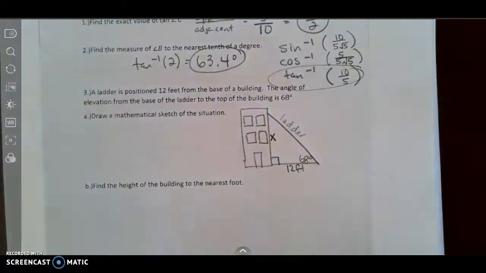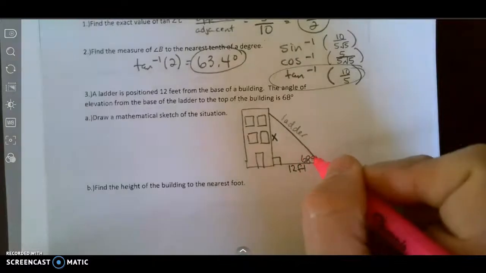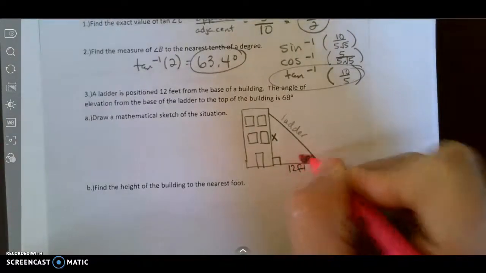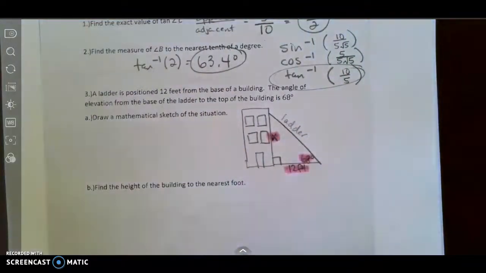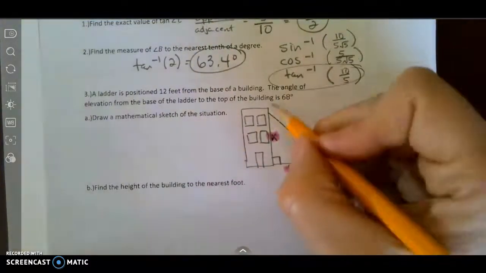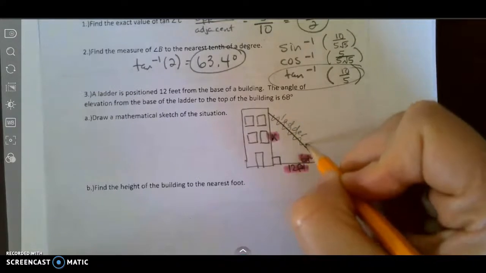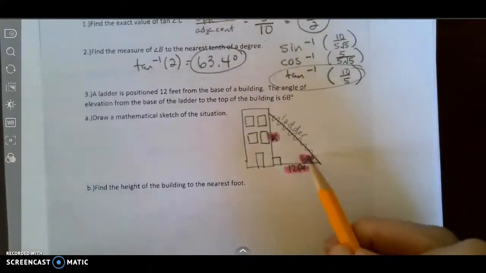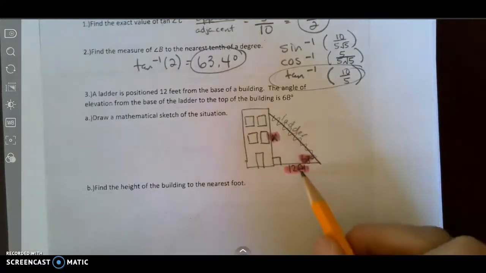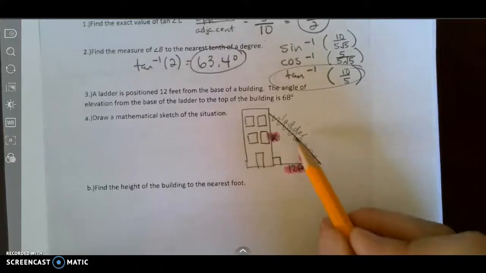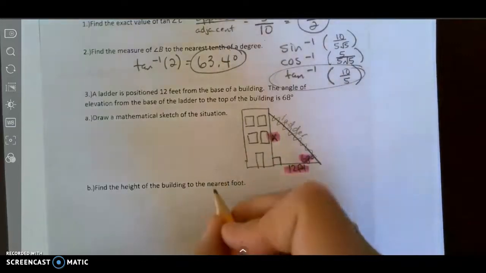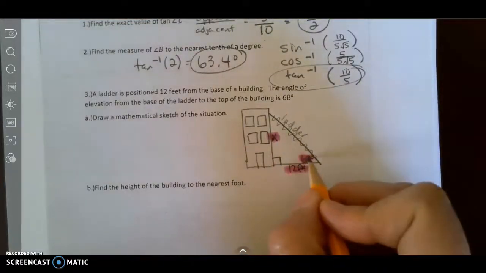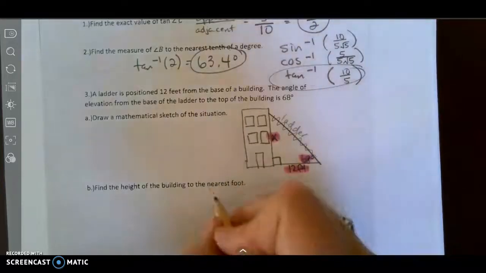So I need to determine what's the relationship between the pieces of information I know and the one piece of information I don't know. This is my hypotenuse. So my angle, I have opposite and adjacent. I am not involving the hypotenuse at all, so I don't want to use sine or cosine. So I'm going to use tangent because these three have a tangent relationship.